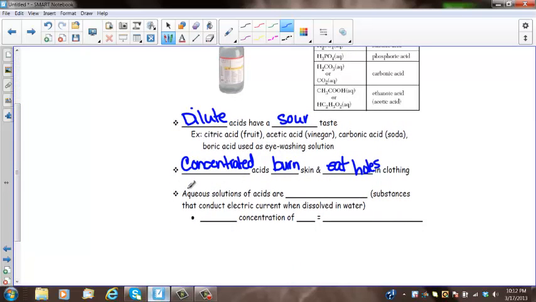Aqueous solutions of acids are electrolytes, meaning that they have the ability to conduct electricity when dissolved in water. The greater the concentration of ions, the more conductive the solution is.